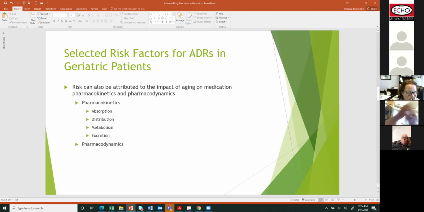An example of this might be anticholinergic medications. Patients are increasingly sensitive to the effects of anticholinergic agents as they get older. So again, lots of changes with pharmacokinetics and dynamics. Those were a brief overview of some changes that you can find, but in general there are lots of changes that we see.